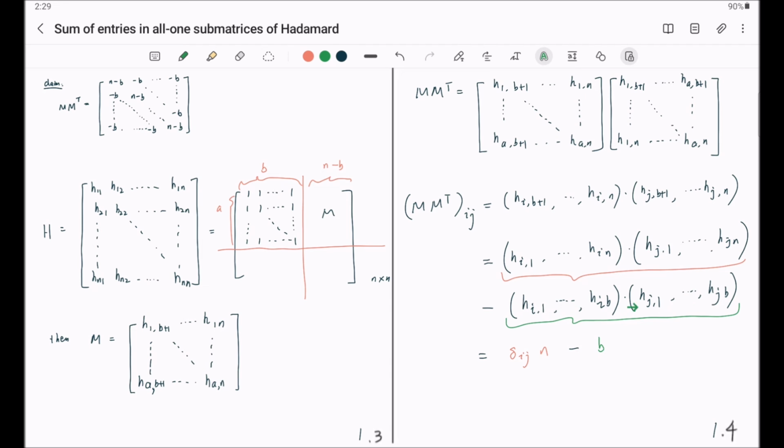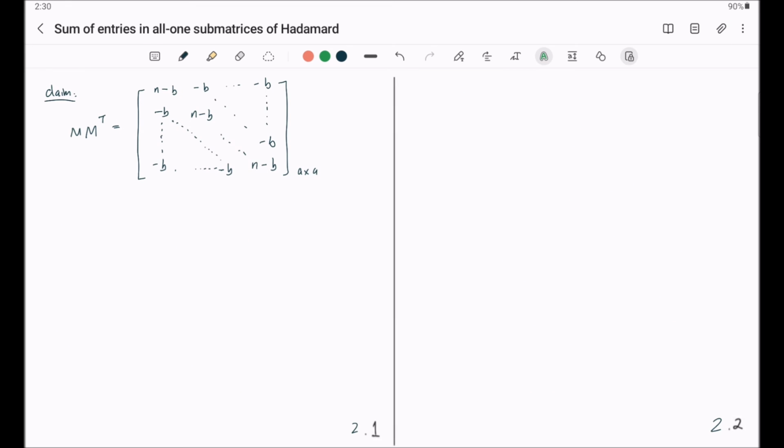So this is just a 1, 1, 1, 1 dot product with 1, 1, 1, just B. So in the end, we're going to get n minus B if i is equal to j, and negative B if i is not equal to j. This verifies our claim. So now we can finish the proof.